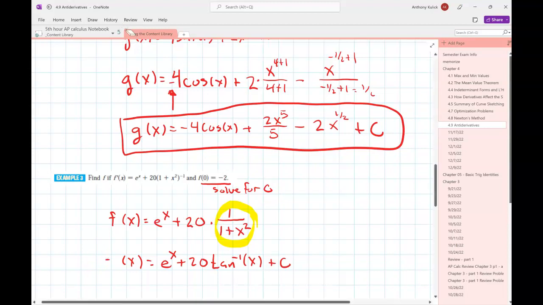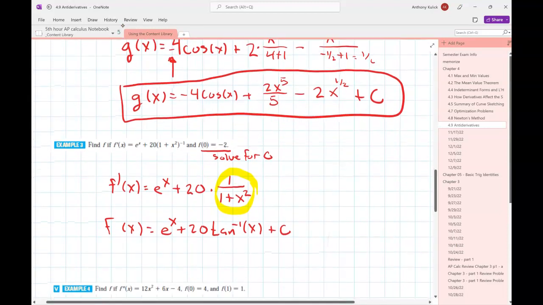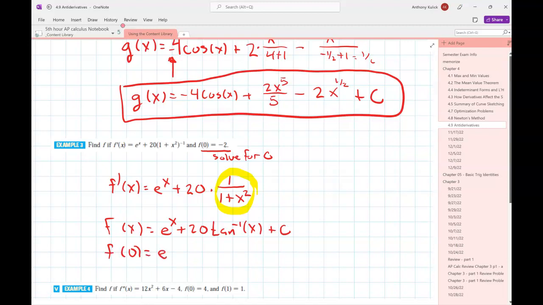Oops, that's not f prime, dum-dum. That's just f. That was f prime. So far, so good. Now let's solve for the C. So I know that f of 0 is equal to negative 2. So e to the 0 is 1.